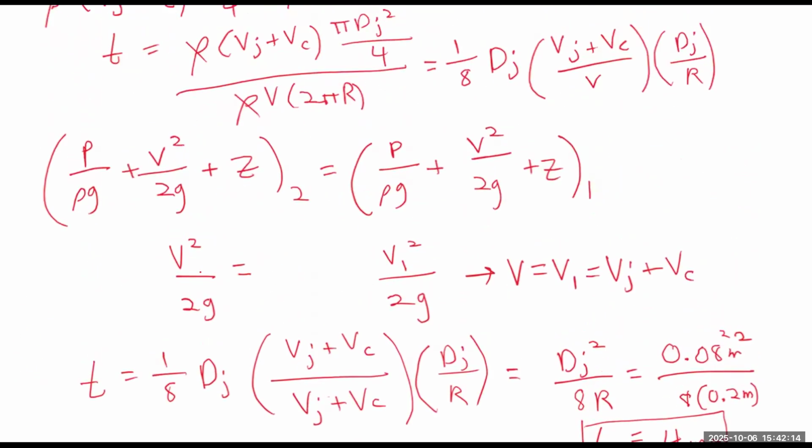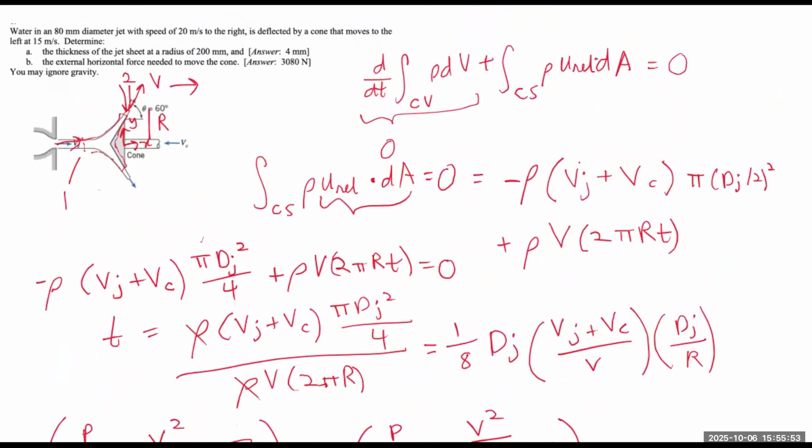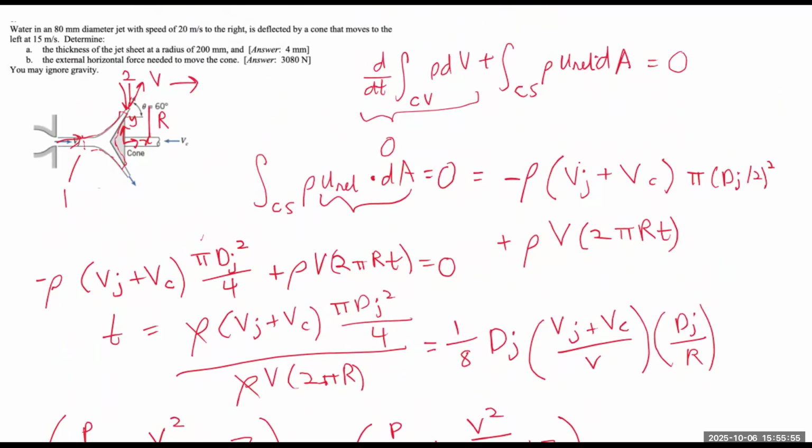For the first part, even though we fixed the coordinate system to the cone, the control volume is not moving relative to that reference frame, because the control volume is moving at the same rate as the reference frame.